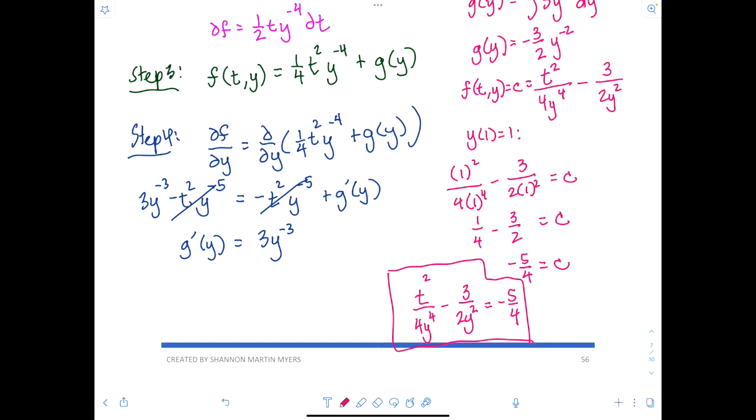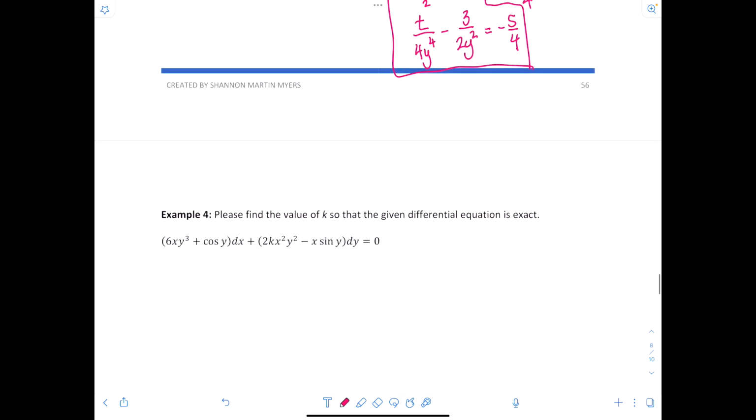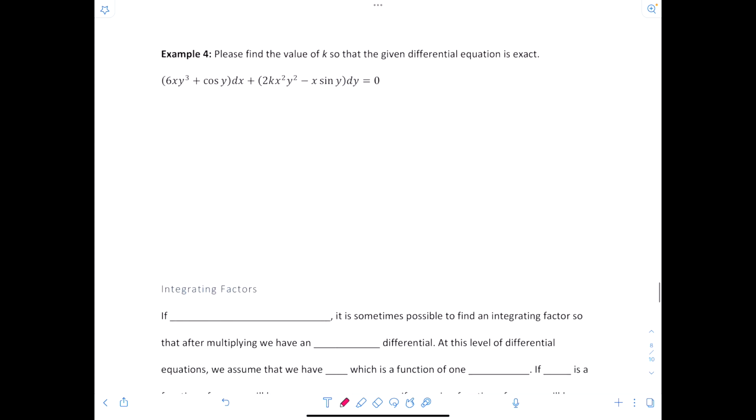Moving right along. Okay, hang in there. Now let's just take a look here. This is kind of leading into the integrating factor. So let's check out this problem and figure out what value of k we would need to have for this given differential to be exact.